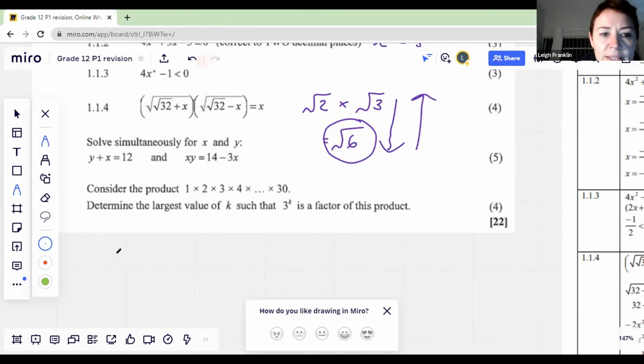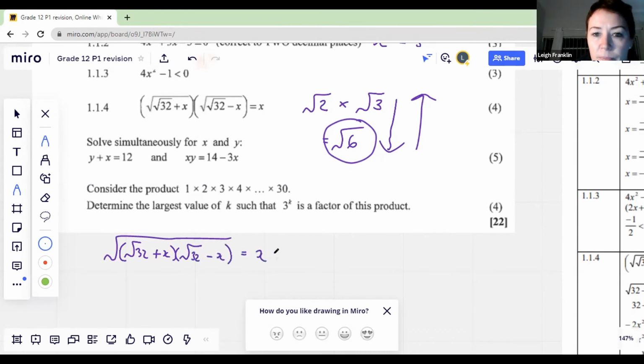So what that means is that we could put a big root and say, well, this is going to be equal to the square root of 32 plus x multiplied by the square root of 32 minus x, like so. Does that make sense to you? Right, so because they're both being square rooted, it's possible for us to multiply them with one another, right? What do you think we would do now? Ma'am, would you square both sides?